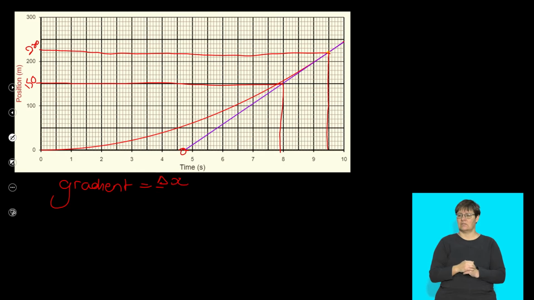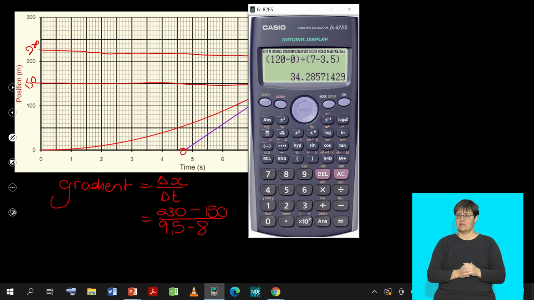Changing x over changing time. So it's 230 minus 150 over 9.5 seconds minus 8. Definitely need my calculator.